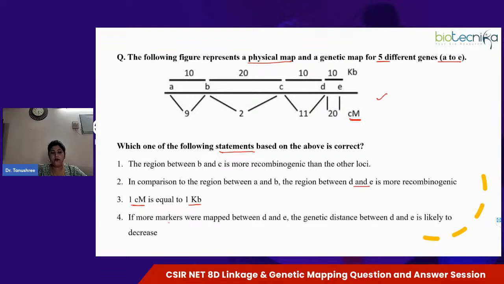And fourth, if more markers were mapped between D and E, the genetic distance between D and E is likely to decrease. So what do you think? Which statement is correct here? Okay, so again, I'm getting mixed answers for this. Option 1, some are saying option 2.